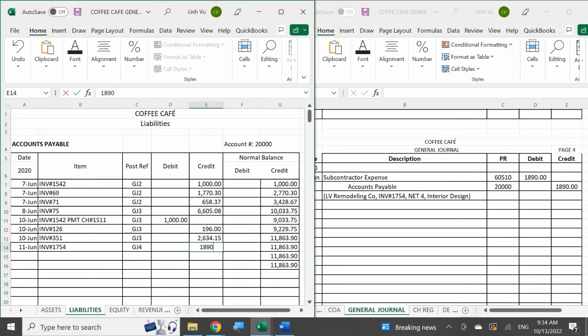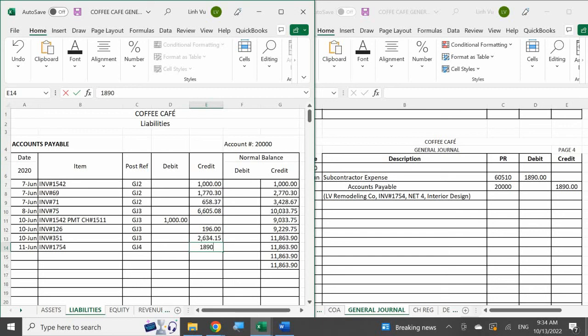So how much do I owe now? If I'm currently at 11,863.90, right? And I just owed another $1,890.